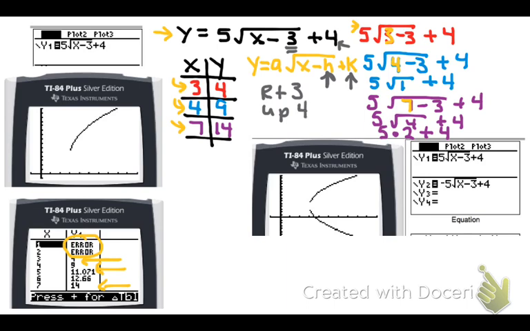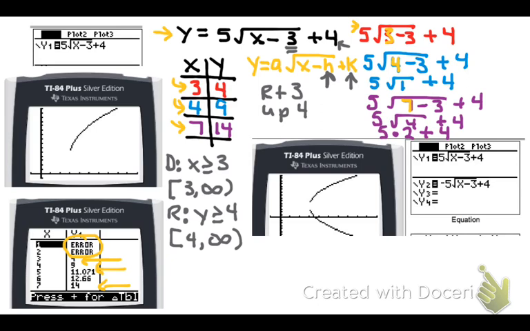All right, so now we're going to write the domain and range. So based on my table of values, we can see that the domain is x is greater than or equal to 3. So our starting point is 3, but it can go to infinity. And the range is y is greater than or equal to 4, and that also can go to infinity.